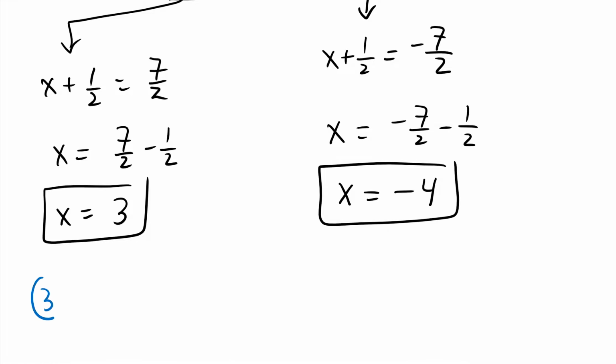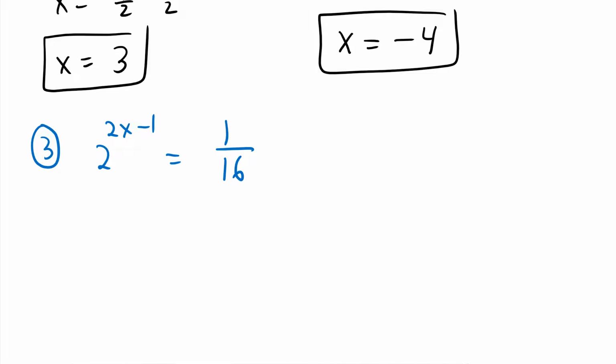More equations. 2 to the 2x minus 1 equals 1 over 16. What do we do for this?